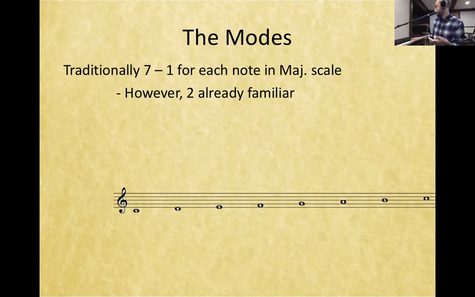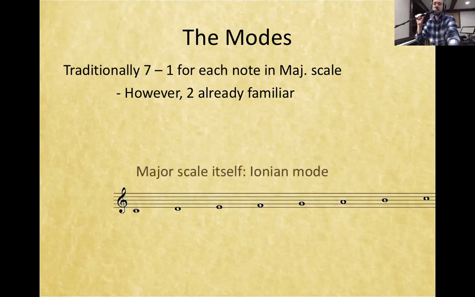It's the major scale. But because modes don't want to leave anybody out, we do get to give the major scale a fancy modal name, which is Ionian. All the modes have these Greek-sounding names. Ionian is the mode name for the major scale.